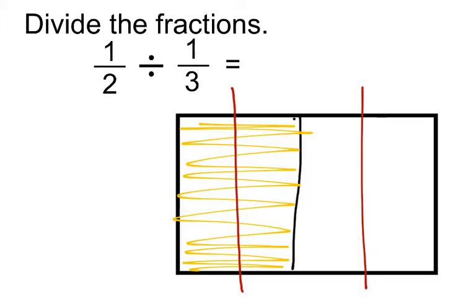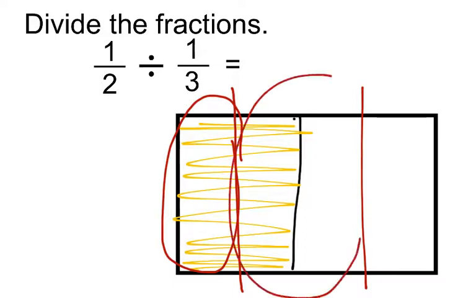Well, I can see I have 1/3 here, and I have 1/2 of a third here. If I had 2 of the thirds completely filled in, then my answer would be 2. But instead, I have 1 and 1/2. So my answer is 1 and 1/2.